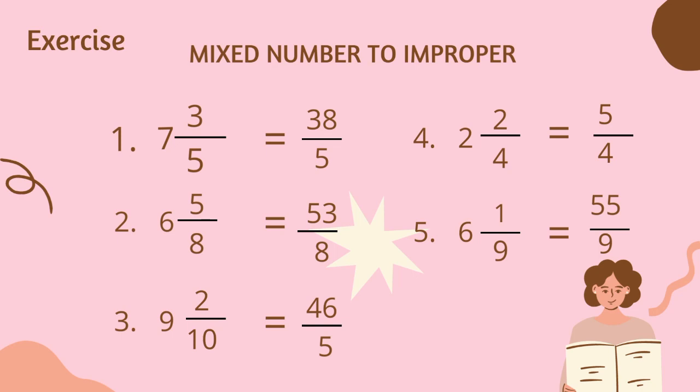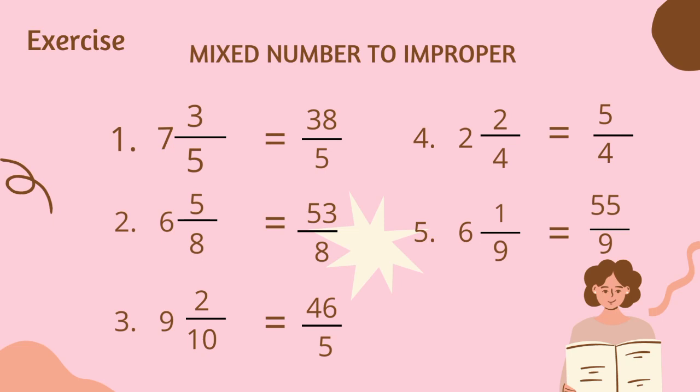So, number 2, 8 times 6 plus 5 is equal to 53. So, copy the denominator again, and 8, that's correct. So, number 3, 10 times 9 plus 2 is equal 46. So, yung 10 natin is naging 5 kasi sinimplify.